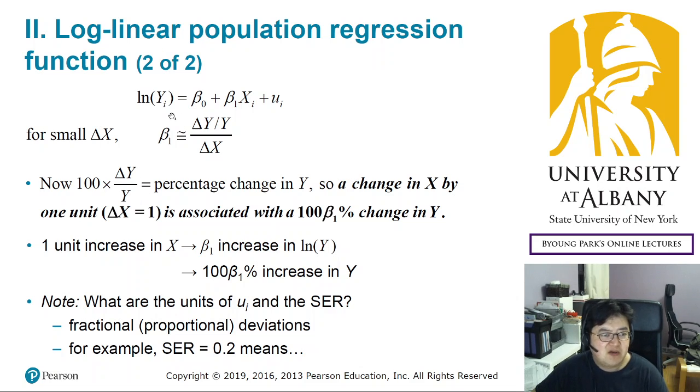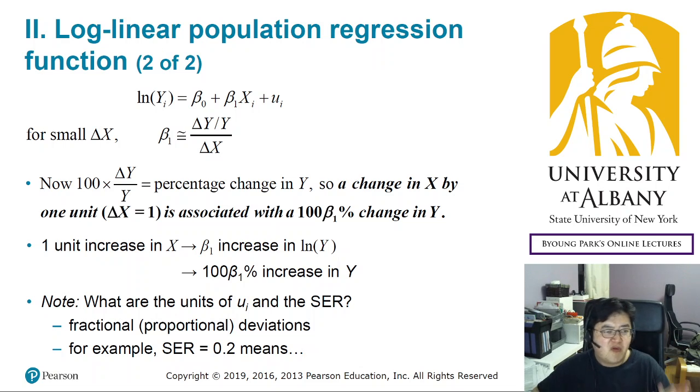A beta 1 increase in log of y is equivalent to a 100 times beta 1% increase in the original y, right? So remember, a 1 unit increase in x means a beta 1 increase in log of y, which means a 100 times beta 1% increase in y. So beta 1 is in absolute units and it is in percentage units. So the percentage change is different.